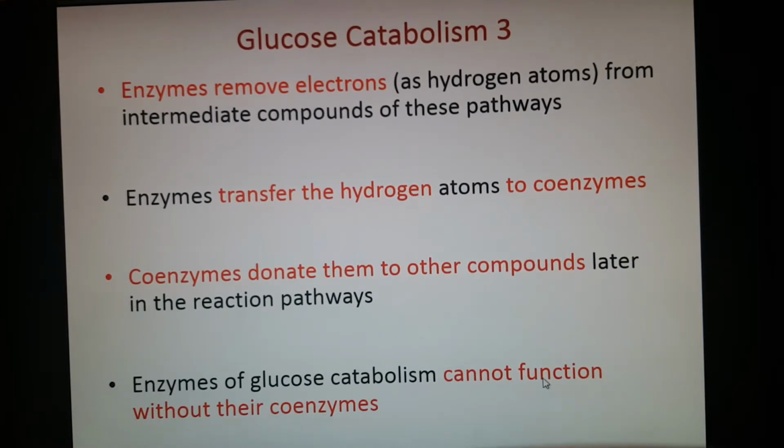So your hydrogen atoms are split into protons and electrons to have other functions for making ATP. Even though you have all these enzymes to do the work for glucose catabolism, you need those coenzymes to transfer the hydrogens.